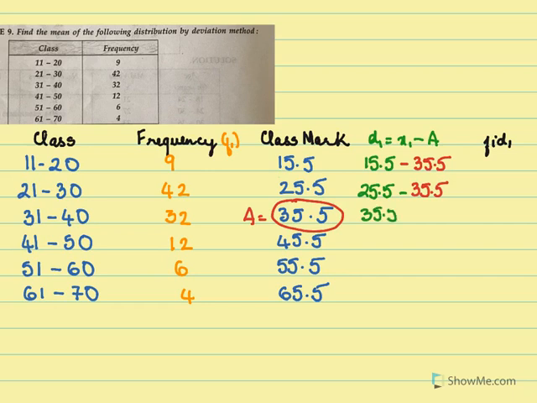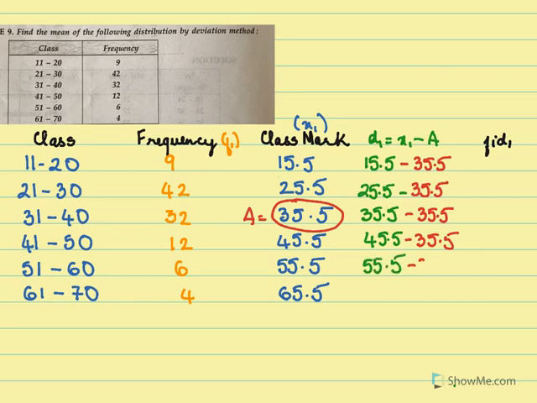Next one is 35.5, so 35.5 is xi, subtract from the assumed mean 35.5. Then we have 45.5, that is xi, subtract 35.5. Remember, all these class marks are xi. Each one of them, you subtract the assumed mean from each one of them.